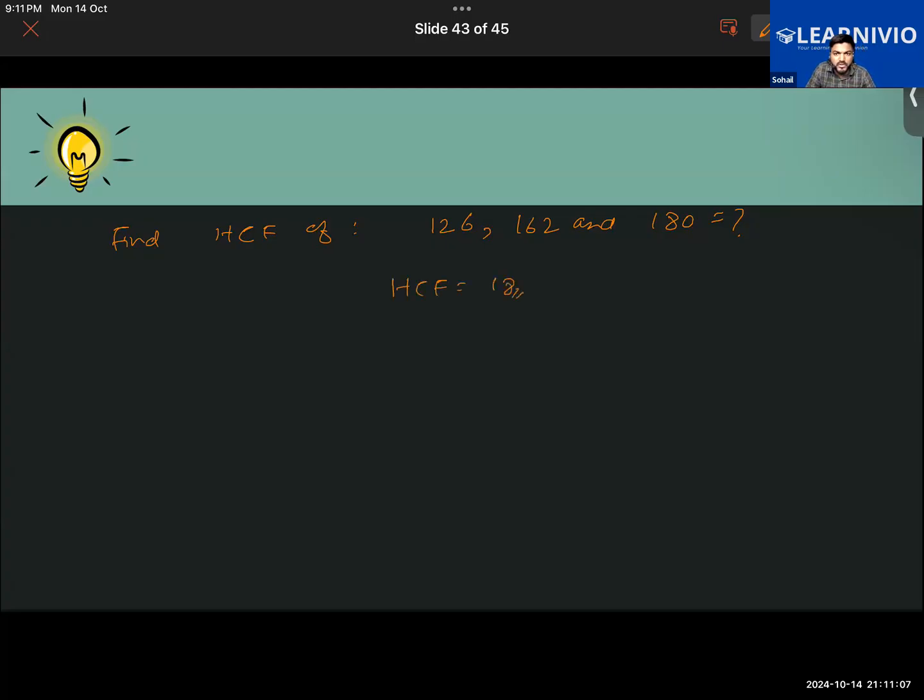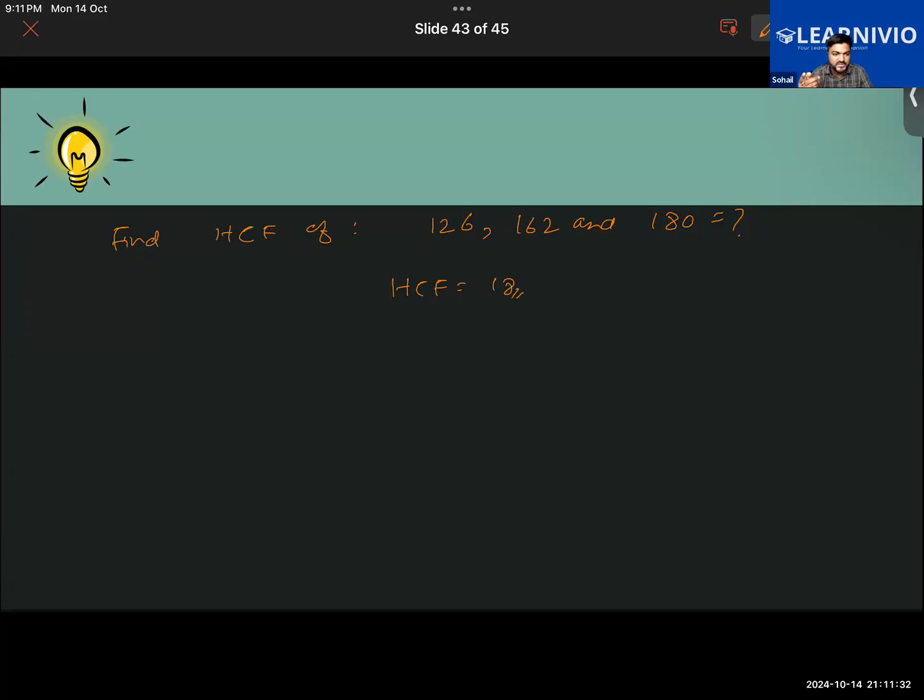Can you show it to me how you have done it? It's messy. No issue. I'd just like to see whether you have done the complete process. First, I divided 162 and 180.